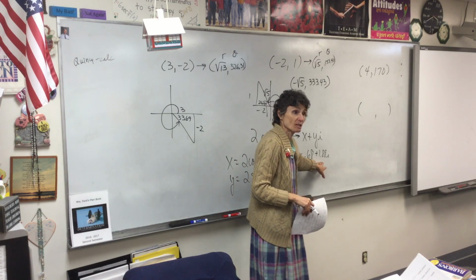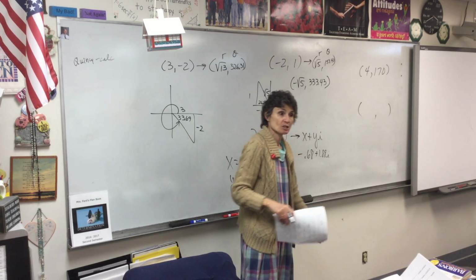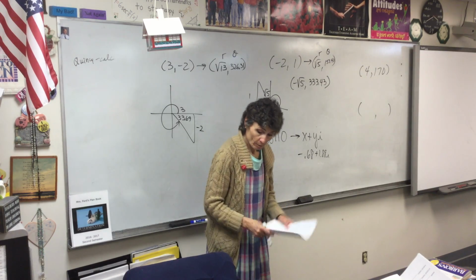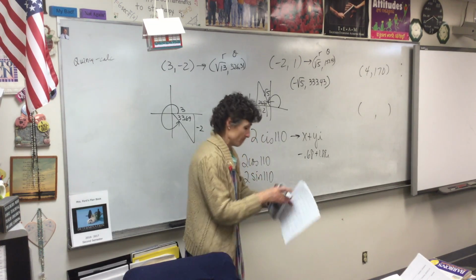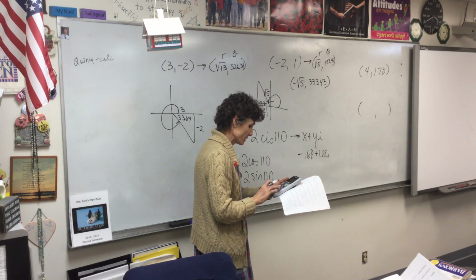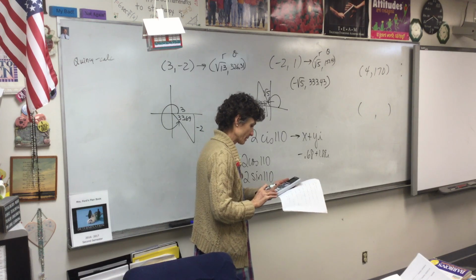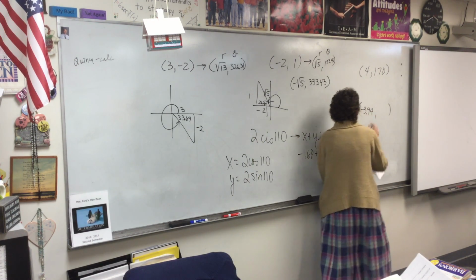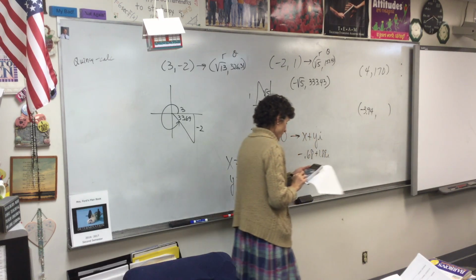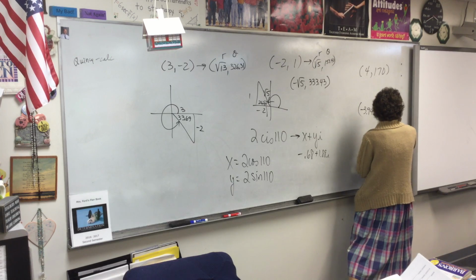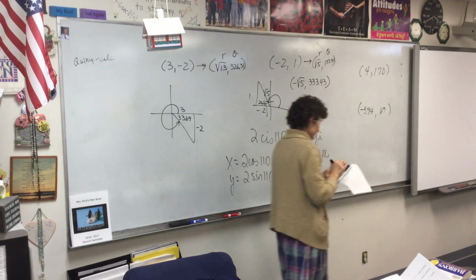Instead of doing the x plus yi thing, it'll just be x comma y. So, what will x be? 4 cosine 170. So negative 3.94. And for 4 sine 170, 0.69. And there we go, we're done.